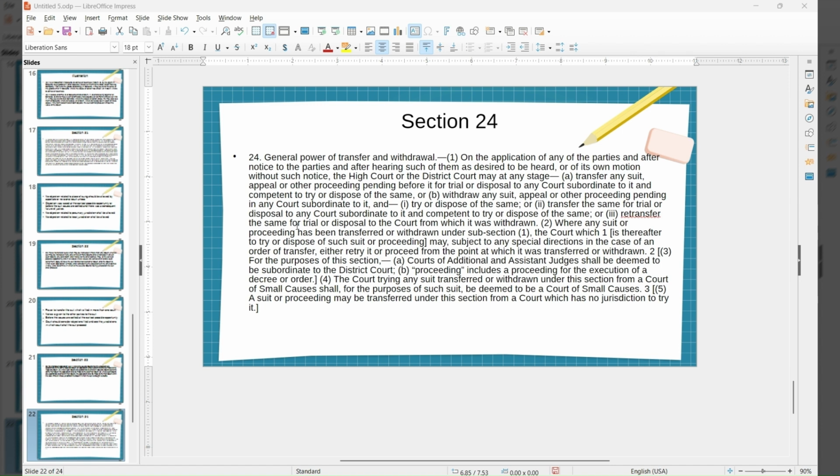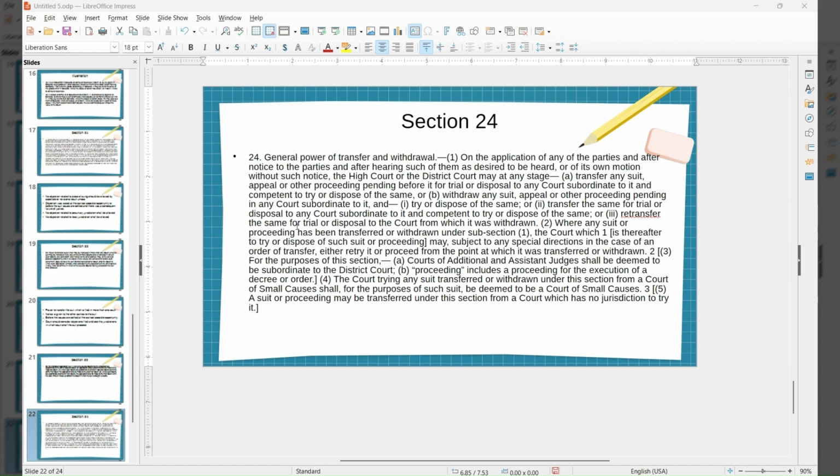If the higher court or the appellate court thinks that the scope of the suit is wider and they themselves need to try this suit, then they will withdraw the case from the lower court and hear it themselves, either the appellate court or the high court. They can also transfer it to another competent subordinate court, or transfer it back to the original court from where it was withdrawn, okay.